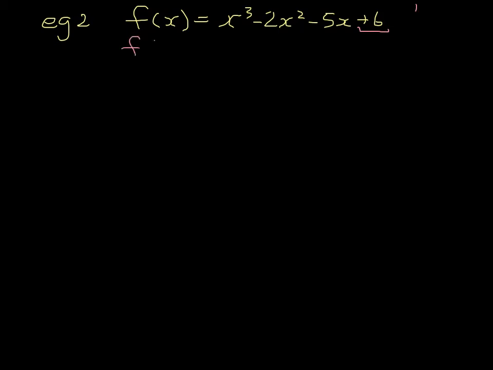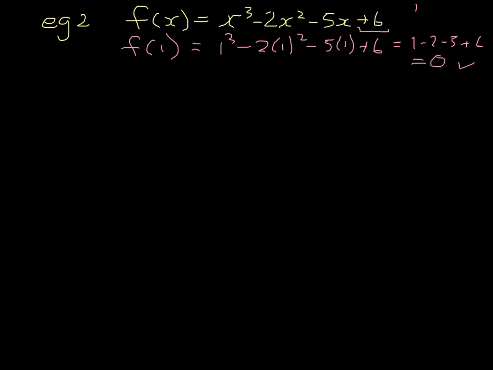So f of 1 will be equal to 1 cubed, take away 2 by 1 squared, take away 5 by 1 plus 6, which is equal to 1 take 2 take 5 plus 6. 1 take 2 is negative 1, take away 5 is negative 6 plus 6 is equal to 0. So we found it first time.